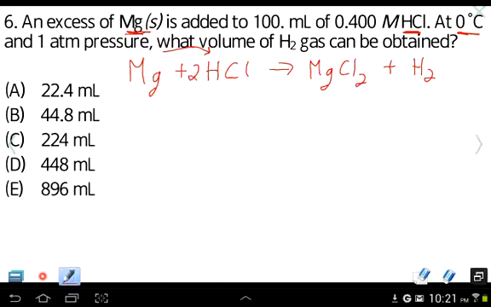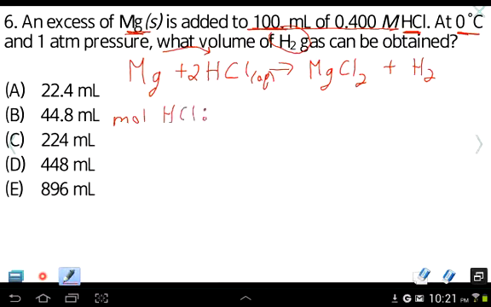And this will actually be important. Now what we're asking is how much H2 gas will form from the reaction of 100 mL of 0.400 molar HCl. We're given HCl, which is aqueous, so we're adding HCl through molarity. Let's find how many moles of HCl we have.